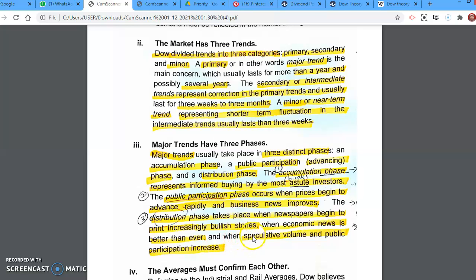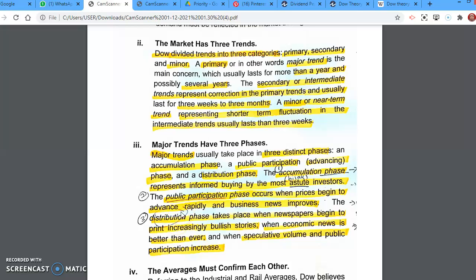Right, so apabila shares itu begin to be sold dan begin to be bought secara spekulatif, mula dijual secara spekulatif, ini yang kita panggil sebagai fasa yang ketiga, di mana investors begin to sell and distribute their holdings to the market.